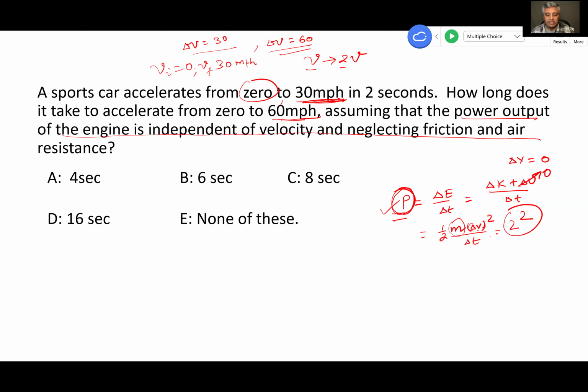Double squared means you get 4. So that means the time interval also has to be 4 times larger to keep this the same. So for this, it was 2 seconds. So 4 times larger than 2 seconds is 8 seconds. Okay. So what if it was like 90 miles per hour?